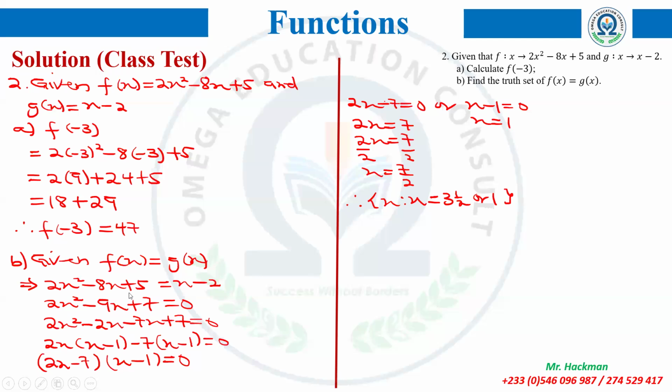Okay, so at this point, you come and solve your equation. So you move this one to the side because you realize that you are confronted with a quadratic equation. So in solving, you multiply the first and last terms, which will give you 14. Find a factor pair of 14, which when you multiply, you get 14. When you add, you get -9. Okay, and that would be -2 and 7. So you use that one to split this. Okay, you factorize by grouping, and I've told you avoid using bracket to group.